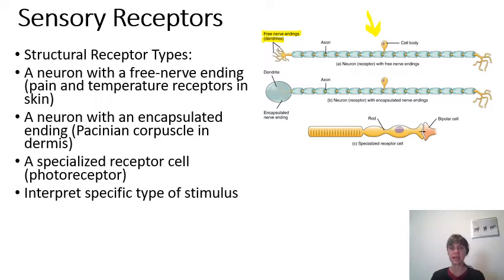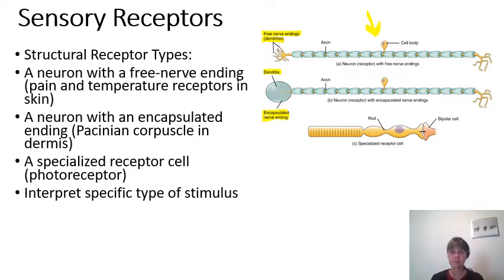Sometimes we'll see a sensory receptor that is encapsulated, such as is the case where the dendrites are in a special encapsulation. We see this in Pacinian corpuscles, as well as Meissner's corpuscles.